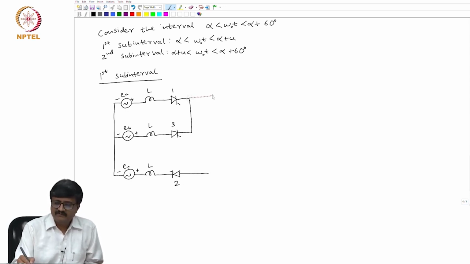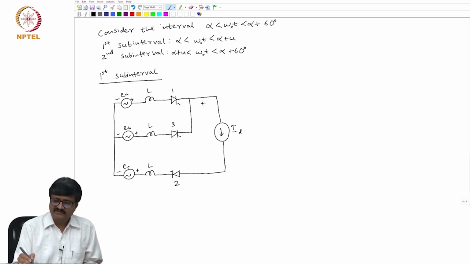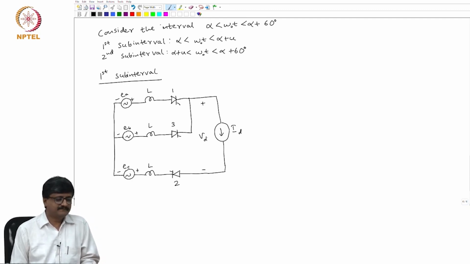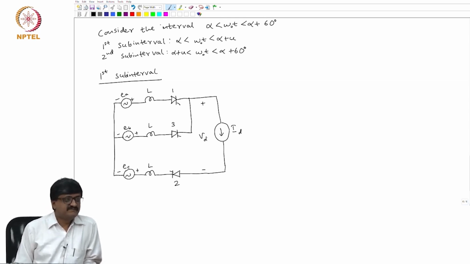So, on the DC side I have a current source ID. This is the positive terminal of VD, this is the negative terminal of VD.